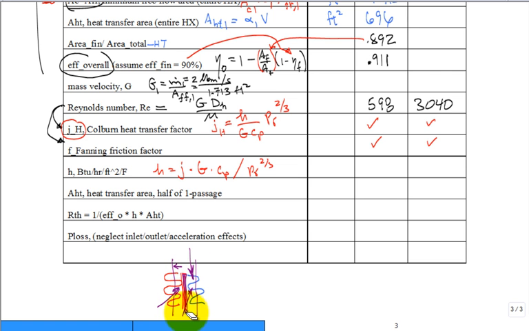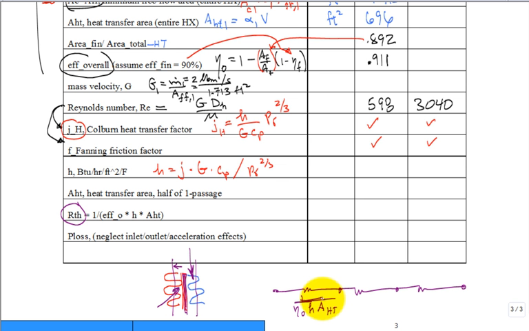Okay, so what I need to do is get the thermal resistance for this segment, then the resistance through the plate, then the resistance for the fin convection. So what is that resistance? Isn't it 1 over the overall efficiency times the convection coefficient on that side times the area heat transfer on that side?